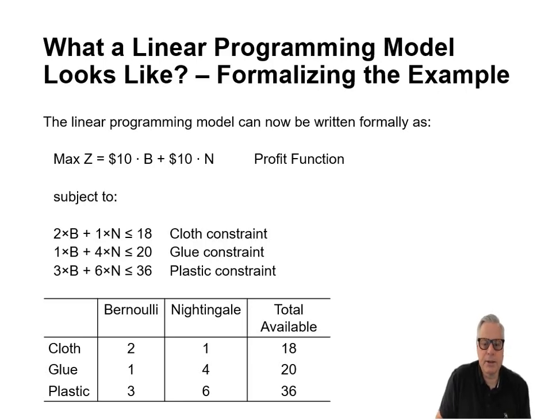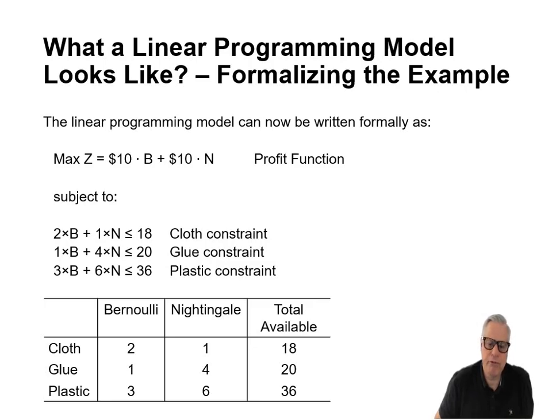And in order to maximize that function, we are constrained by the cloth constraint, the glue constraint, and the plastic constraint. And what you can see is the production parameters from the table. They now enter these constraint equations, like 2b plus 1n must not exceed 18.